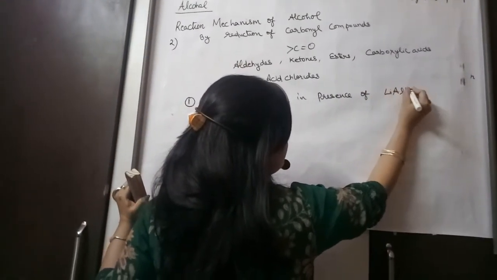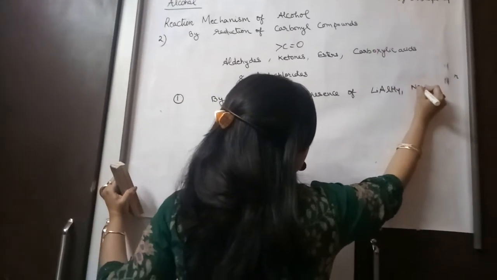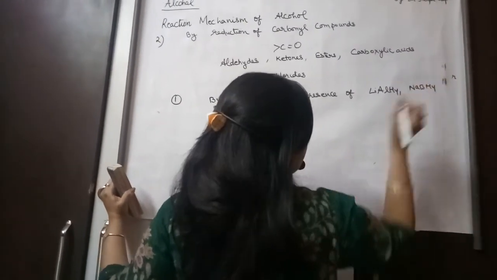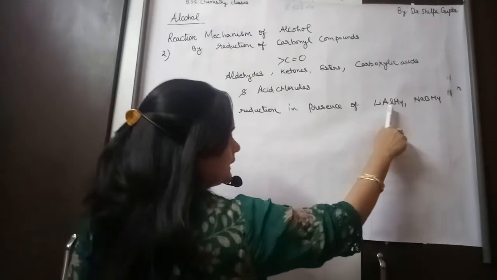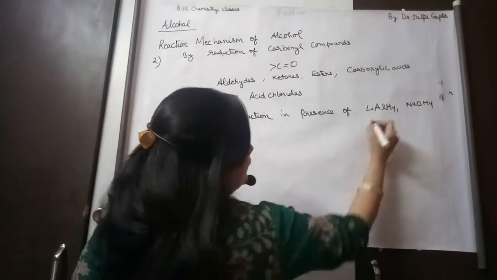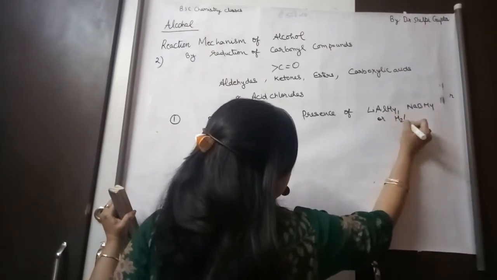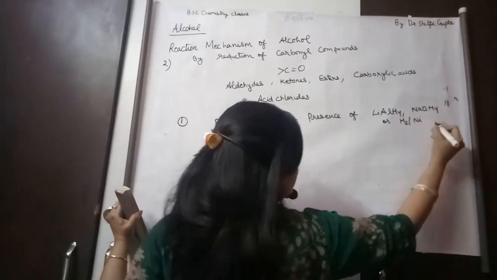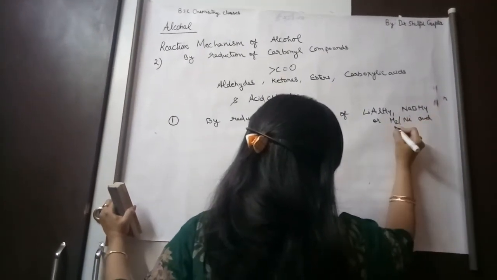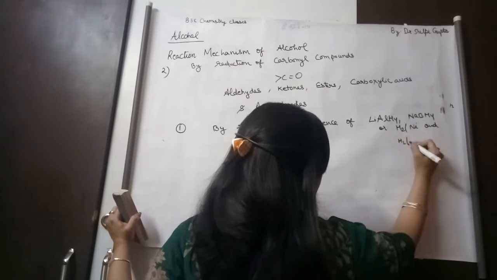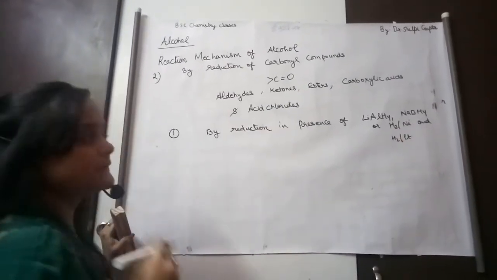lithium aluminium hydride, sodium borohydride, NaBH4, lithium aluminium hydride, okay, or nickel and platinum. All these are reducing agents.